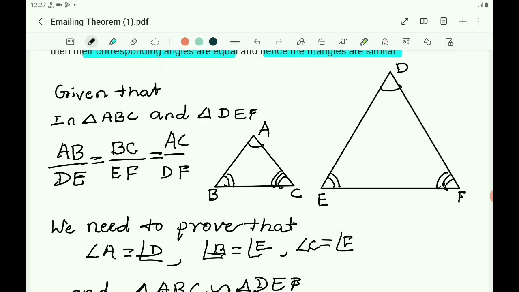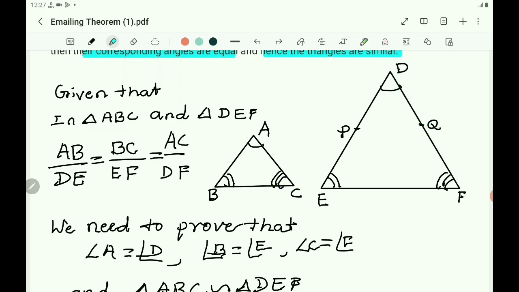Here we have to mark a point P on DE in such a way that DP must be equal to AB, and also mark a point Q on DF in such a way that DQ must be equal to AC.